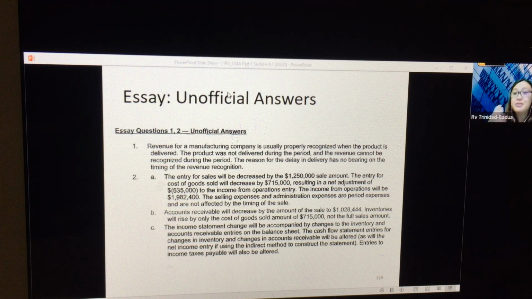Nung medyo marami pa akong time, naglagay ako ng example. Tapos nung may konti pa akong time, nilagyan ko siya ng introduction, in-explain ko ng konti kung ano ang ibig sabihin ng spontaneous source of cash, bakit kailangan ng company ng spontaneous source of cash. So, unti-unti siyang nabuo. But what helped me there is in-outline ko muna siya para makita ko kaagad kung ano yung alam ko, ano yung hindi ko alam, saan ako mag-spend ng time.